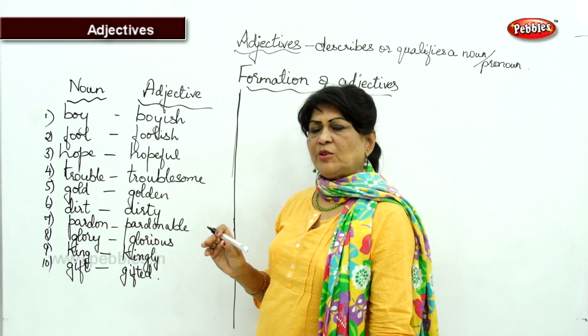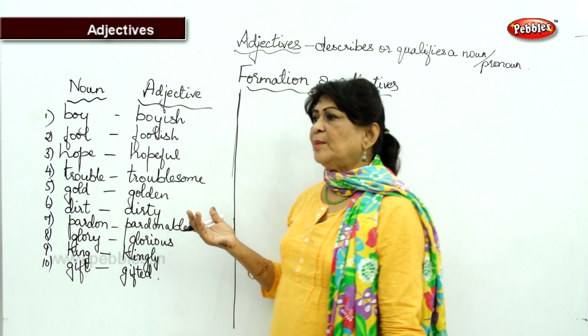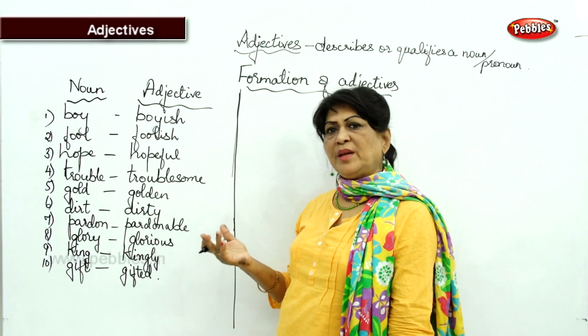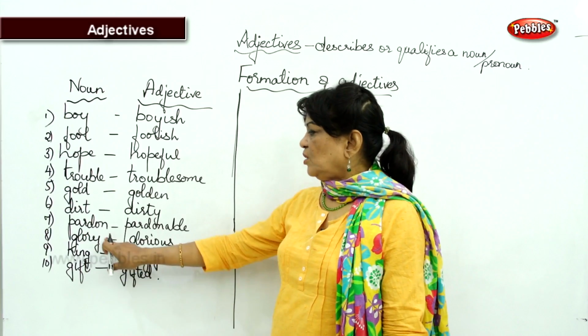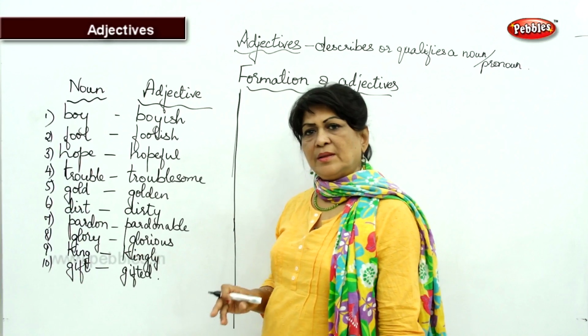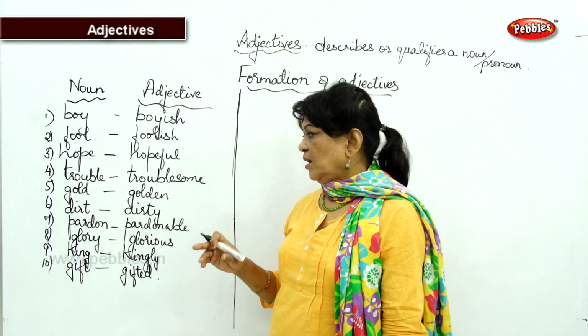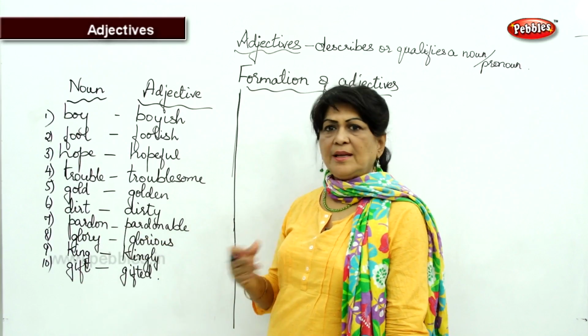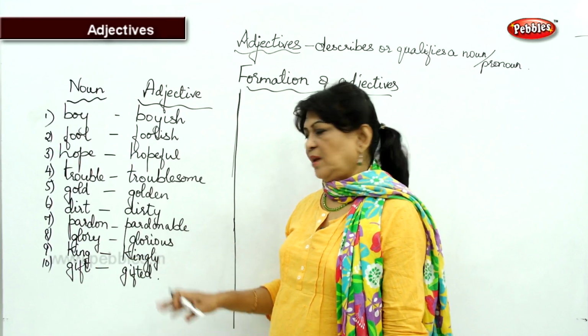Pardonable. I feel that this offense is pardonable. That means which can be forgiven. Pardonable. Glorious. Oh, what a glorious sight it was. Glorious sight, it describes the sight. Kingly.